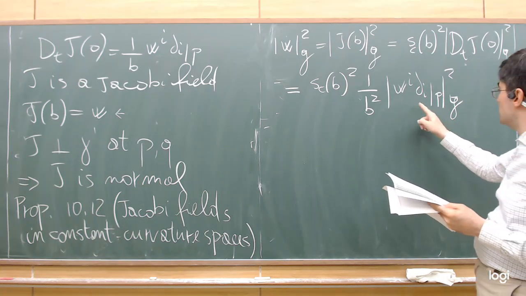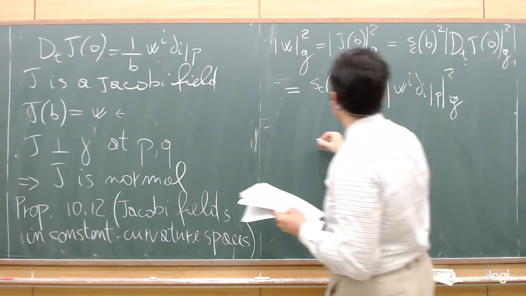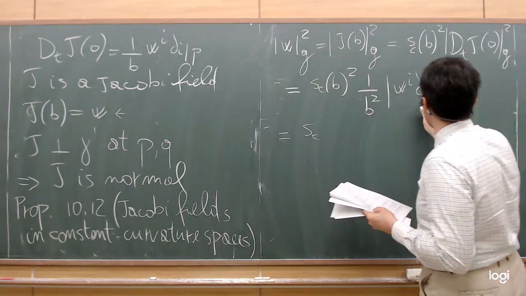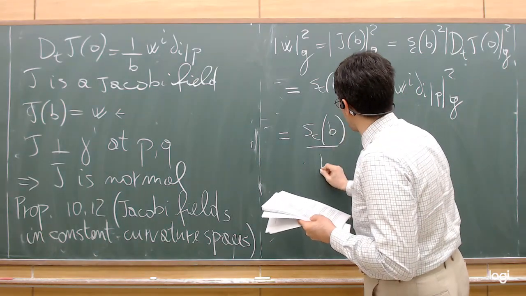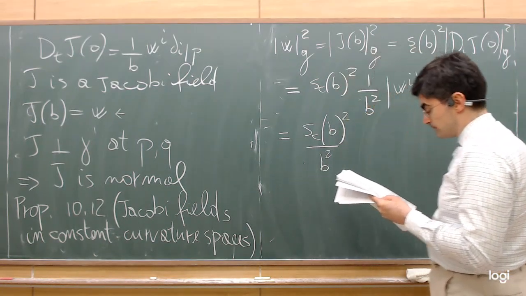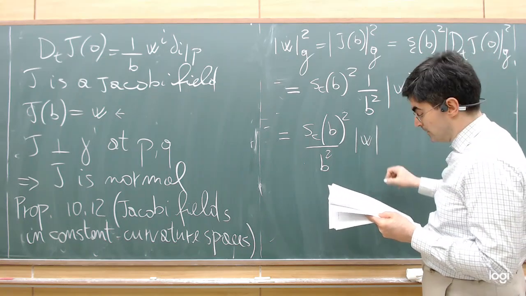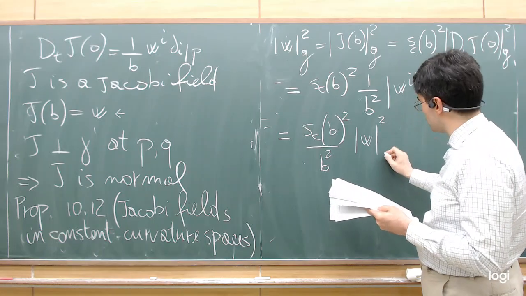But this vector here, sorry, I mean the square of this length coincides with the length of W squared with respect to g bar.